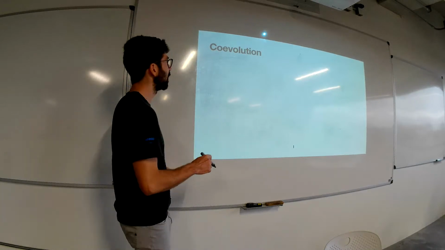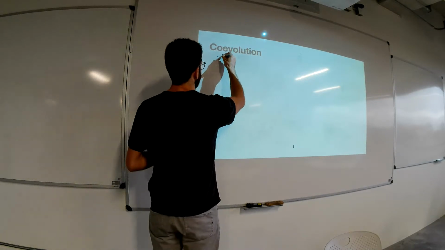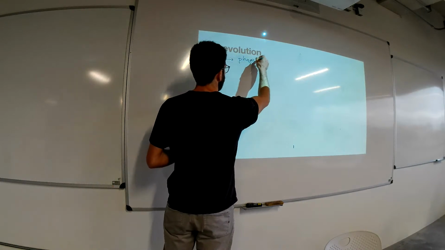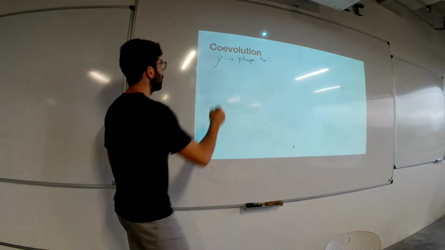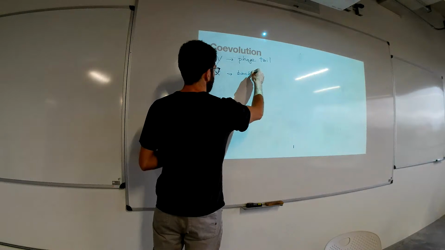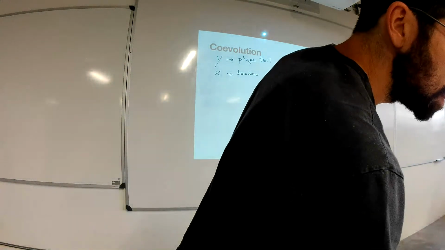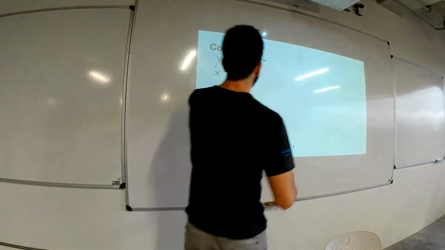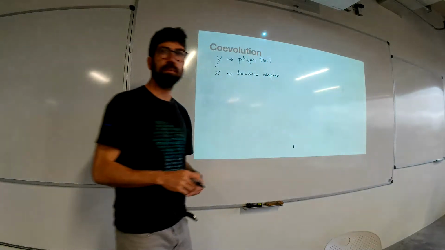Let's say that there is one continuous trait of phages, which is Y, which is something related to the phage tail. And then we have one continuous trait, X, which is the bacteria receptor.